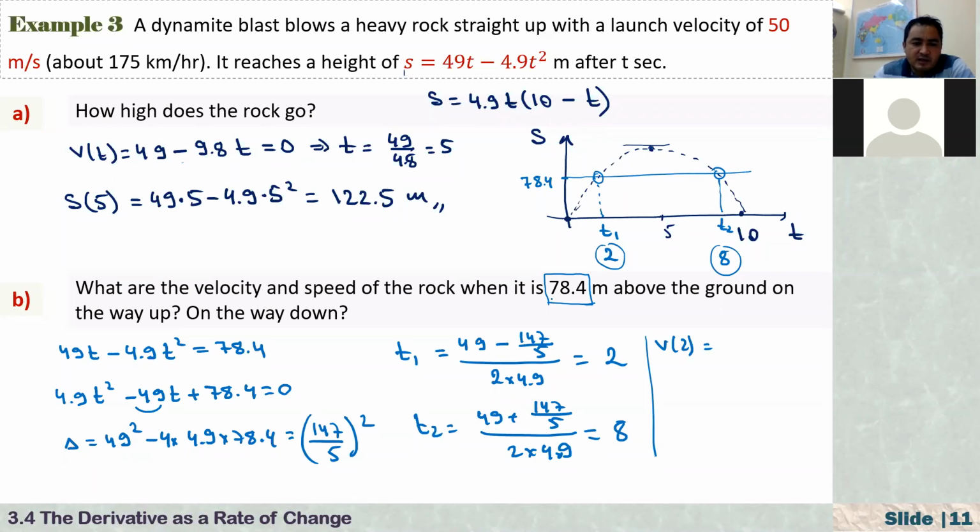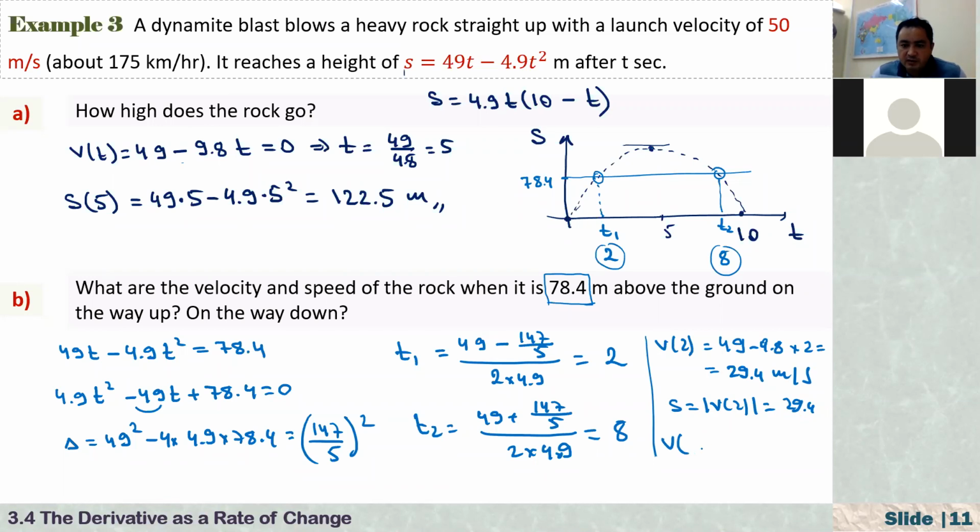That is 49 minus 9.8t. So 49 minus 9.8 times 2, which is equal to 29.4 meters per second. And there, speed is equal to velocity, equal to 29.4 meters per second.